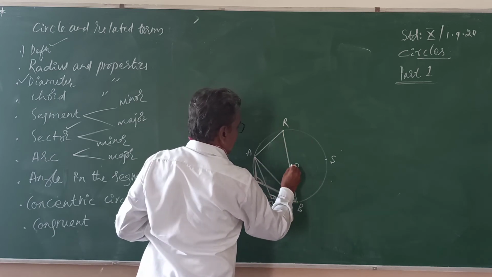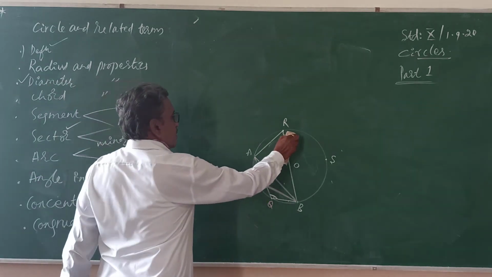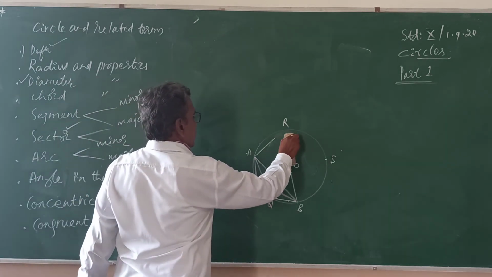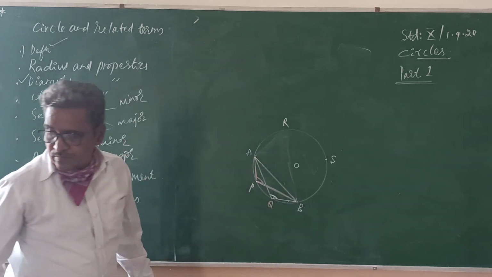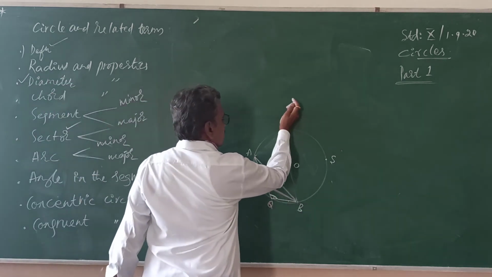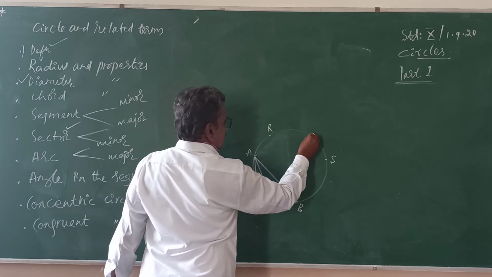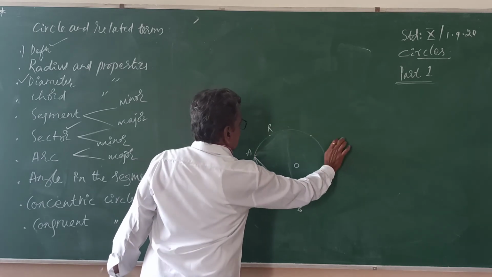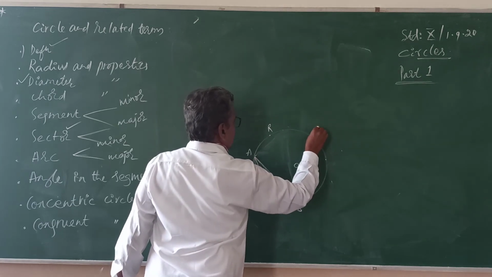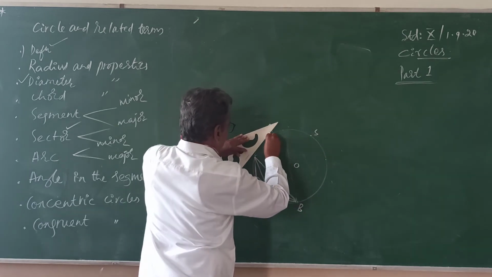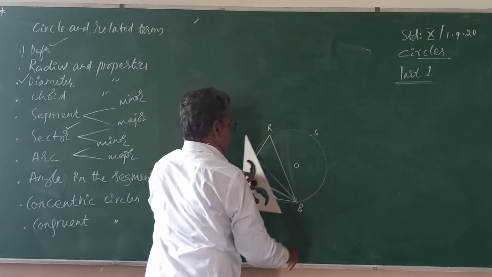Don't think it is passing through the center; I will tell you about that. Wherever you take the point, it's not a problem. Joining AR and BR.